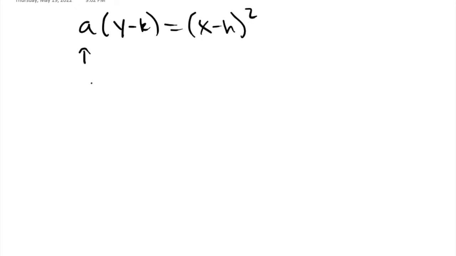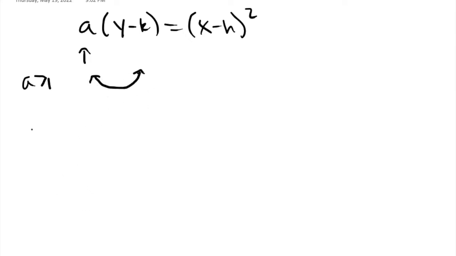So what we noticed in my class when we looked at our software was when the number in front here was a big number larger than 1, what it does is it stretched out the parabola wider.